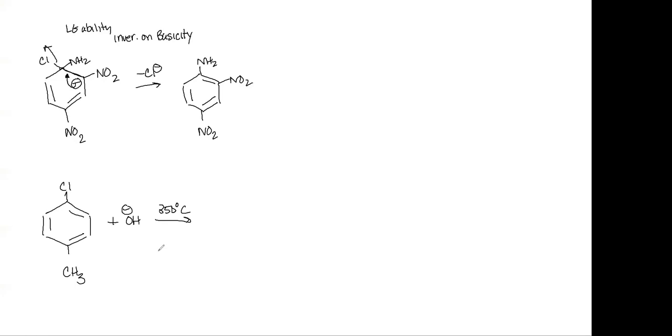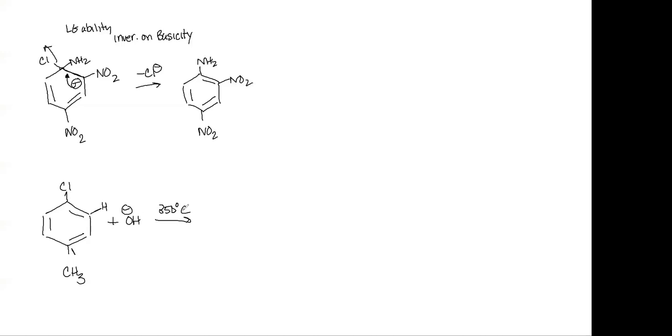The mechanism has to change as well, simply because I don't have any groups in these positions that would stabilize the negative charge. So what happens is that this mechanism changes.